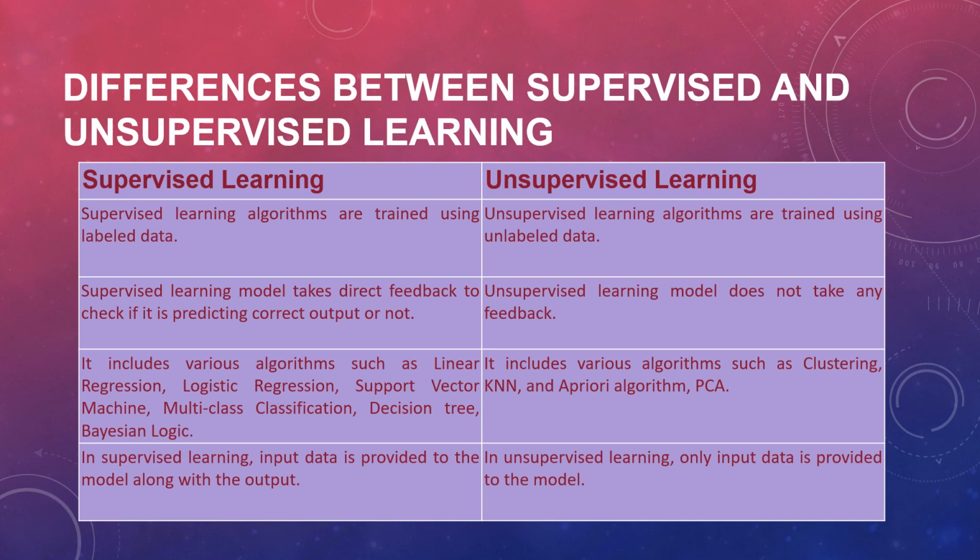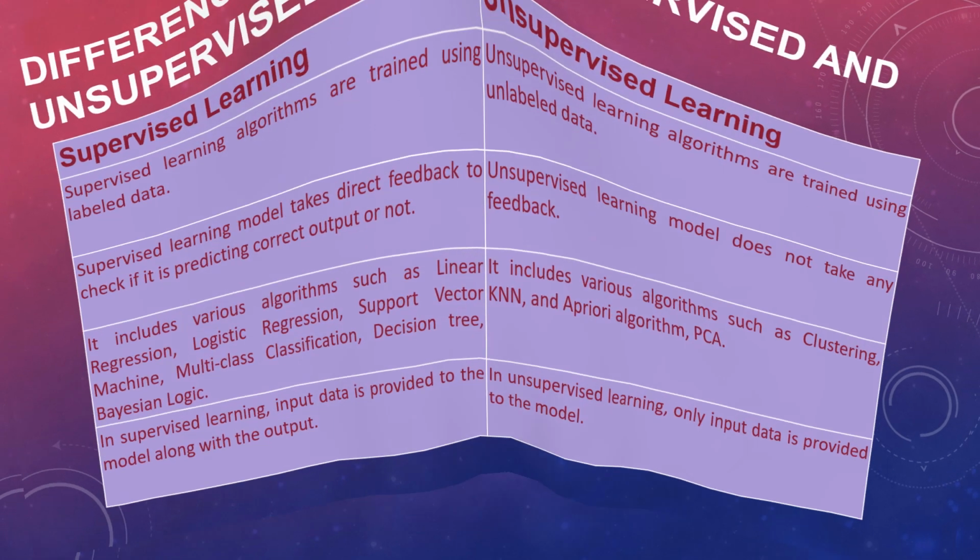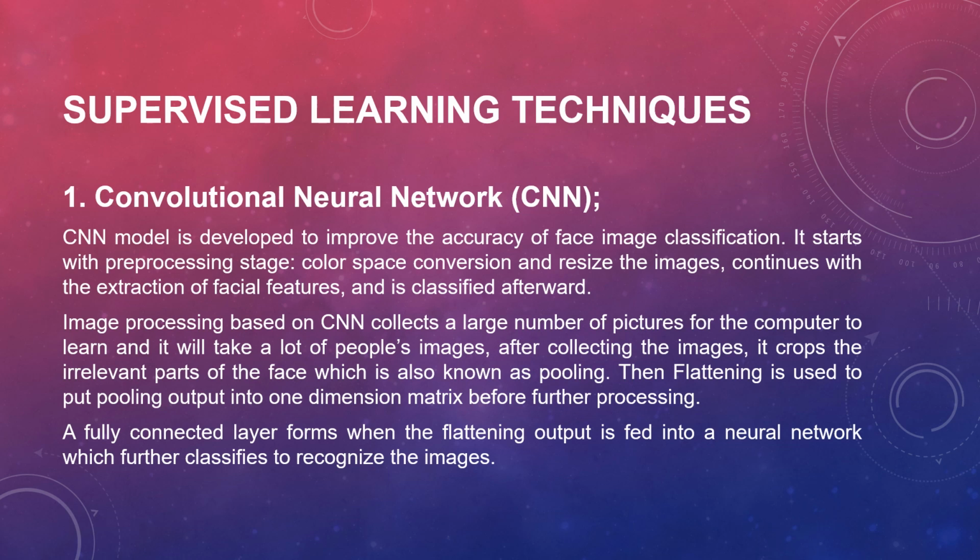In supervised learning, the input data is provided to the model along with the output, while in unsupervised learning, only the input data is provided to the model. Supervised learning techniques: the technique I will be using here is CNN, which is a convolutional neural network.